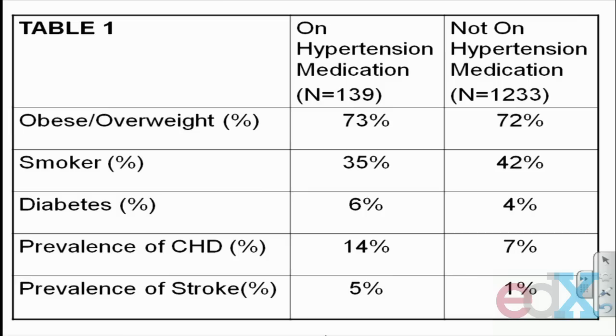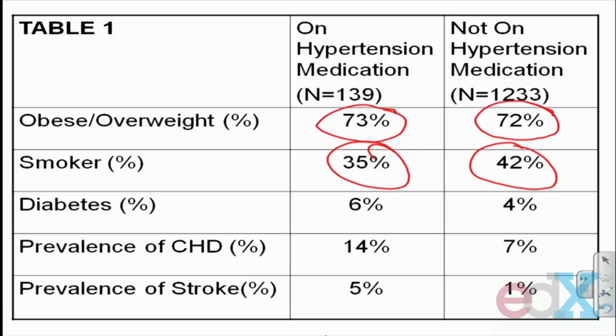If we look at other factors, if we look at their body mass index and classify people as either obese or overweight, 73% of the people who received medication were overweight or obese compared to 72% in the other group. So they're pretty comparable with respect to obesity. But in terms of smoking, 35% in one group, 42% in another group. In terms of diabetes, 6% in one group, 4% in another group.